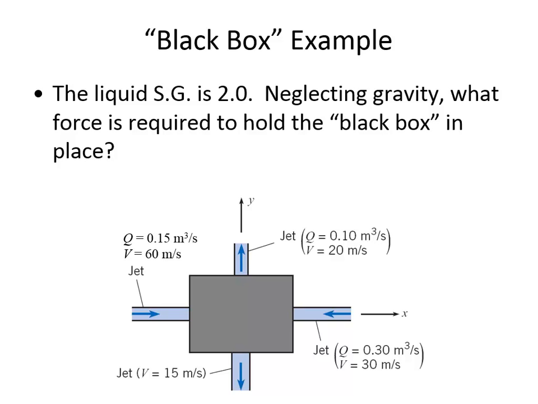This is out, these two are in, and then subtracting the other out from that. So the mass flow rate is 300 kilograms per second plus 600 kilograms per second minus 200 kilograms per second. The mass flow rate is 700 kilograms per second.